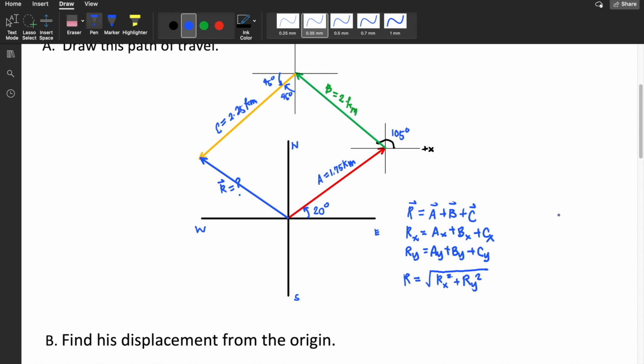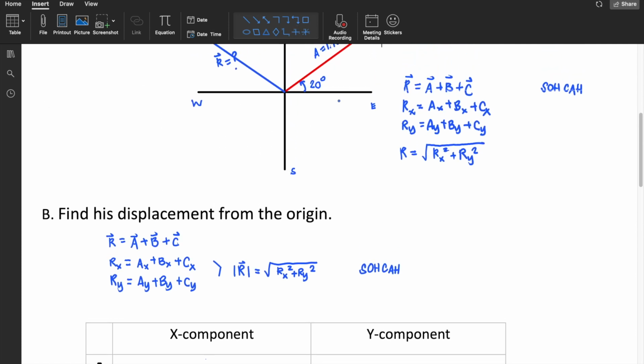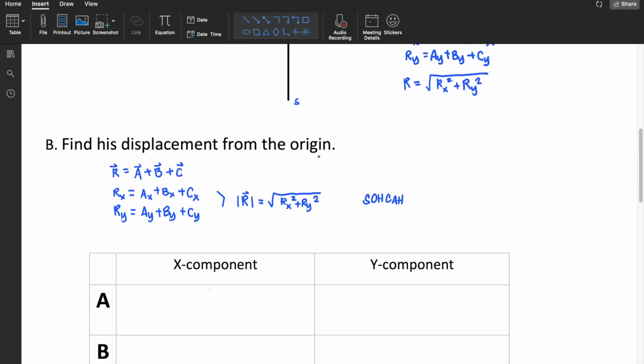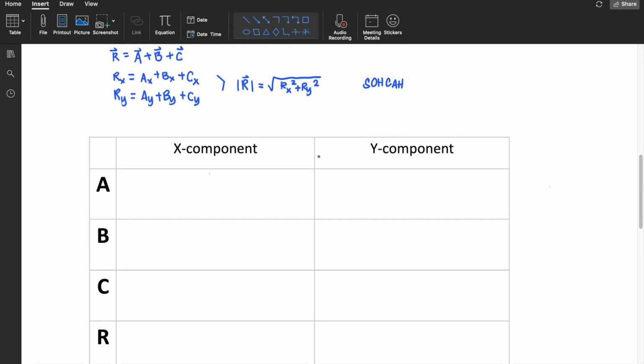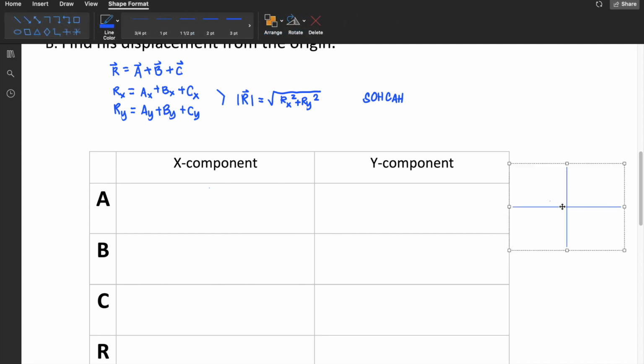How? We're going to use trigonometric functions. For letter A, we'll find the components of your A vector, ax and ay. Your A vector is lying along the first quadrant with an angle of 20 degrees from the positive x-axis, counterclockwise. We'll draw it separately so we don't have to keep moving things around.